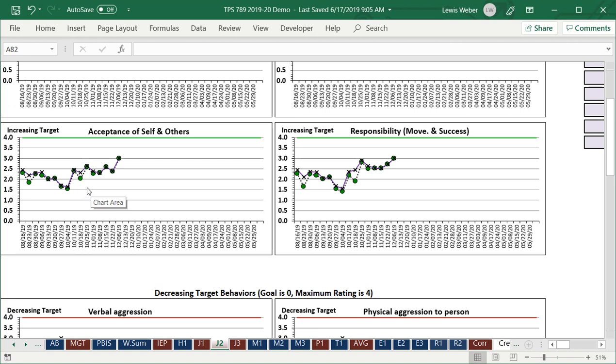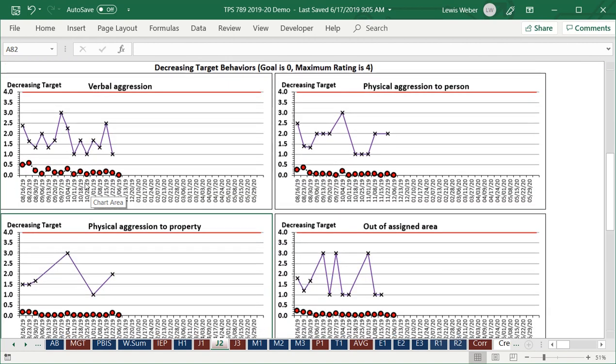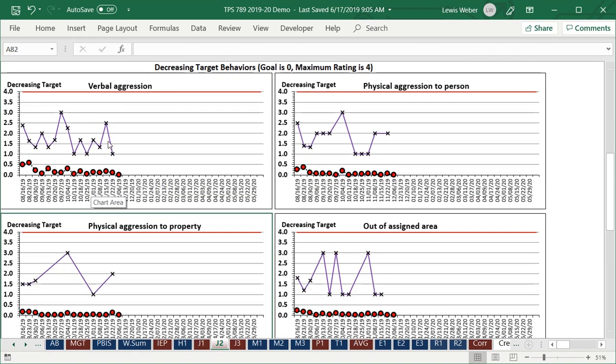But when we scroll down to decreasing target behaviors, we see a big difference typically, because the student, let's say Pete in this case, earns mostly zeros for his decreasing target behaviors. Those are reflected by the dots, meaning all data, including the zeros.